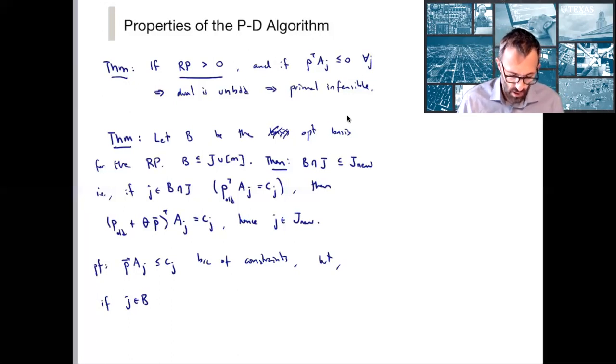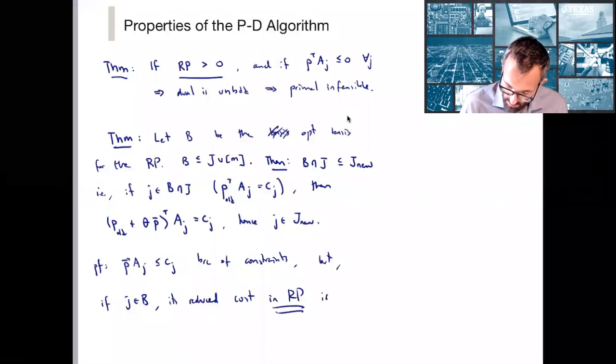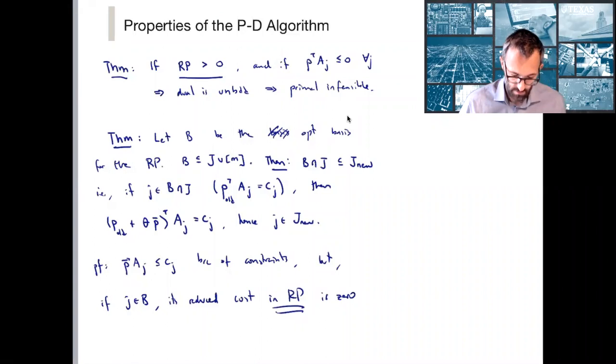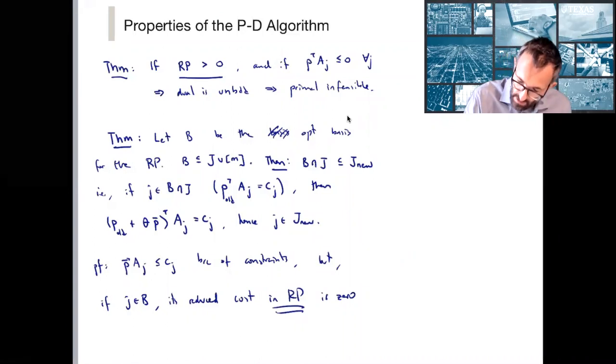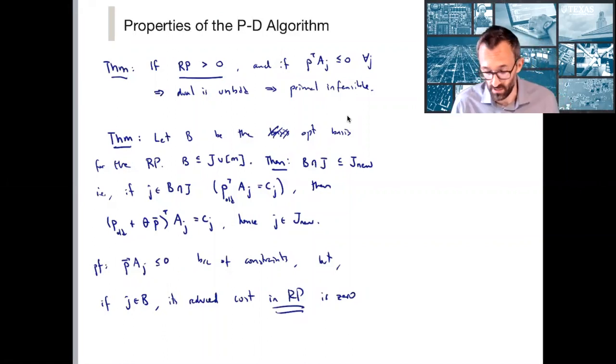We also know that its reduced cost is 0. And this is where we're using simplex. Its reduced cost in RP, not in the original primal, is 0. Sorry, this is not a CJ, of course. This is 0. This is what the constraint is here. So we know it's less than or equal to 0, but again, that's not enough.